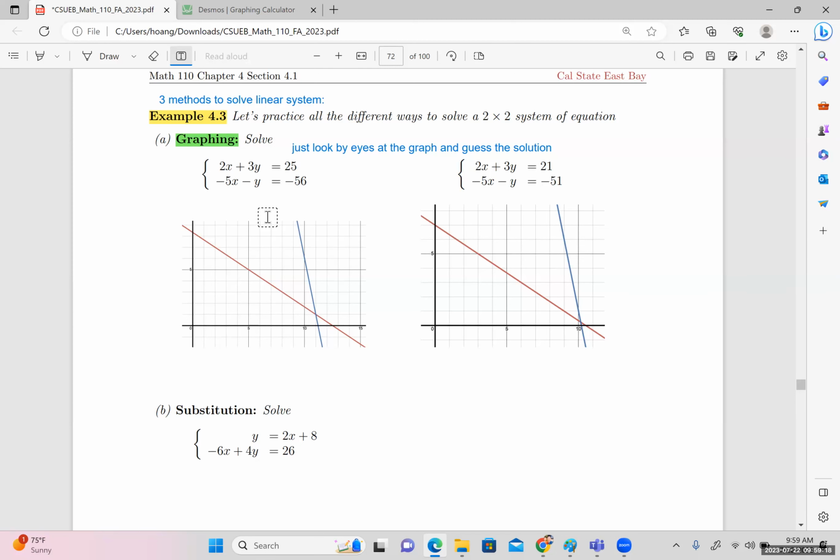Okay, so let's check with the first one. The first system here is 2x plus 3y equals 25, negative 5x minus y equals negative 56. For the solution here, the point over here will be the solution. So what is the coordinate of this point?